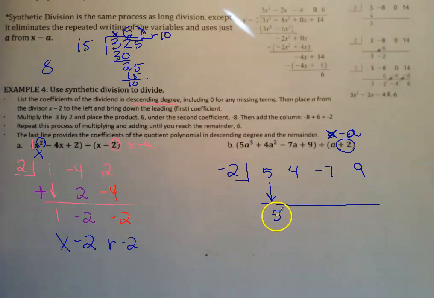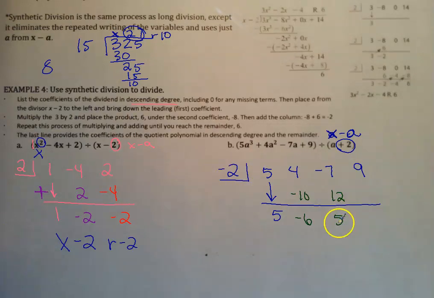Negative 2 times 5 is negative 10. 4 plus negative 10 is negative 6. Negative 2 times negative 6 is 12. So it's negative 7 plus 12, which is 5.